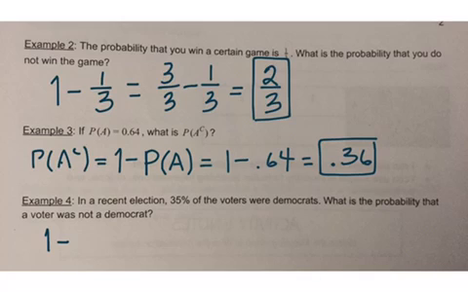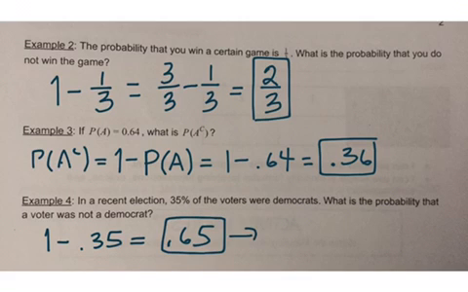Anytime you're given a percent, you want to change that to a decimal. So 35% is 0.35. 1 minus 0.35 is 0.65. We can convert that back to a percentage: there's a 65% chance that the voter wasn't a Democrat.